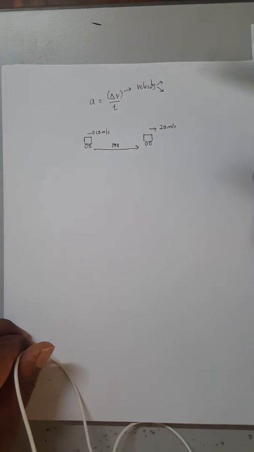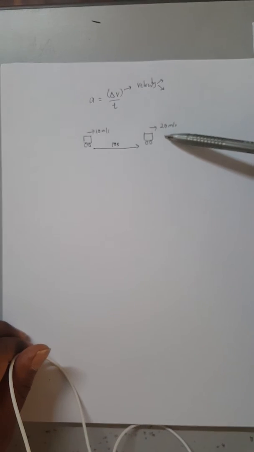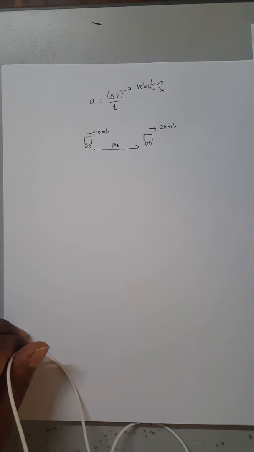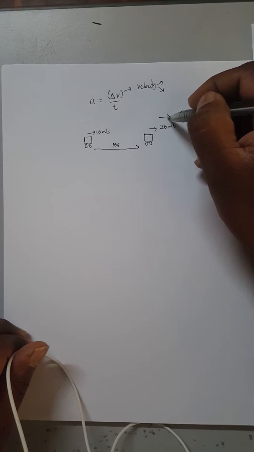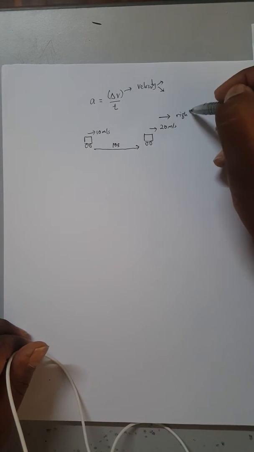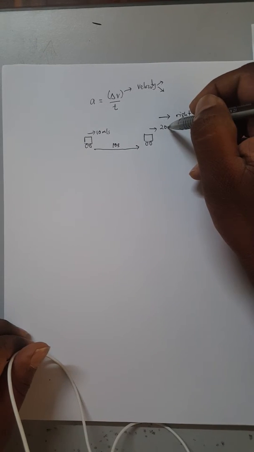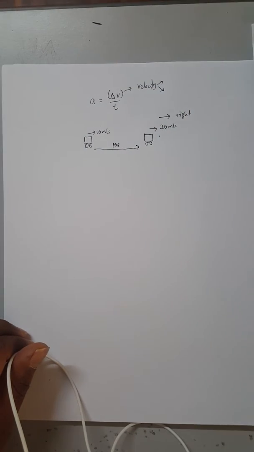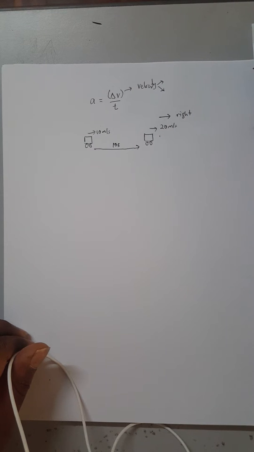In this case, it is speeding up to the right-hand direction in 10 seconds. So we can say the direction of its acceleration is to the right. Because there's a change in velocity, 20 will be the final velocity, so final minus initial divided by time. So what we get is the acceleration to the right.